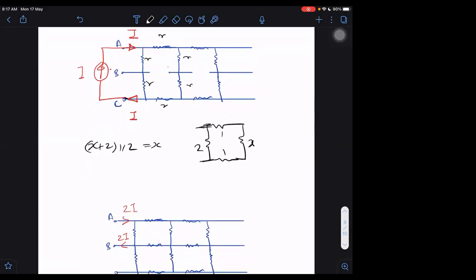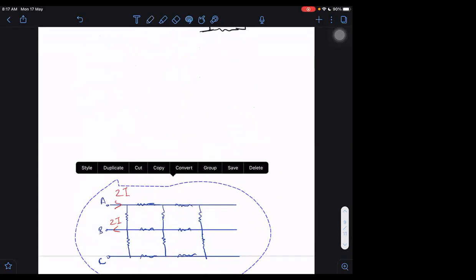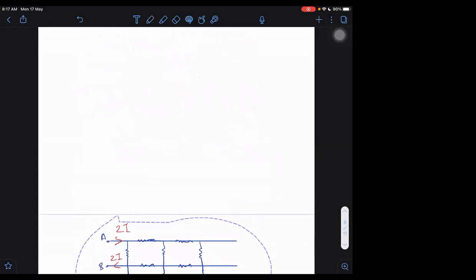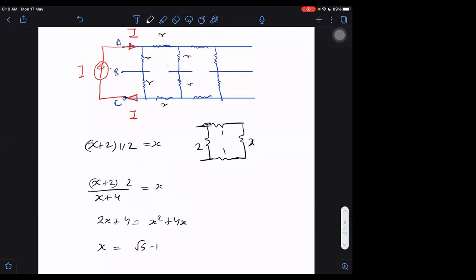Just tell me what is that finally. (x plus 2) into 2 upon (x plus 4) is equal to x. Root 5 minus 1, sir. Plus or minus, it is equal to root 5 minus 1. That is x.